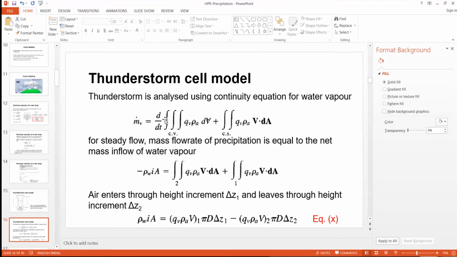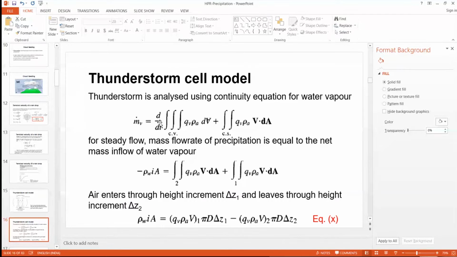So this is Reynolds transport theorem. This is the continuity equation, continuity of water vapor. Here ṁv is the rate of change of mass of water vapor within a system, and that is equal to the rate of change of mass of water vapor within a control volume plus the net outflow rate of mass of water vapor.